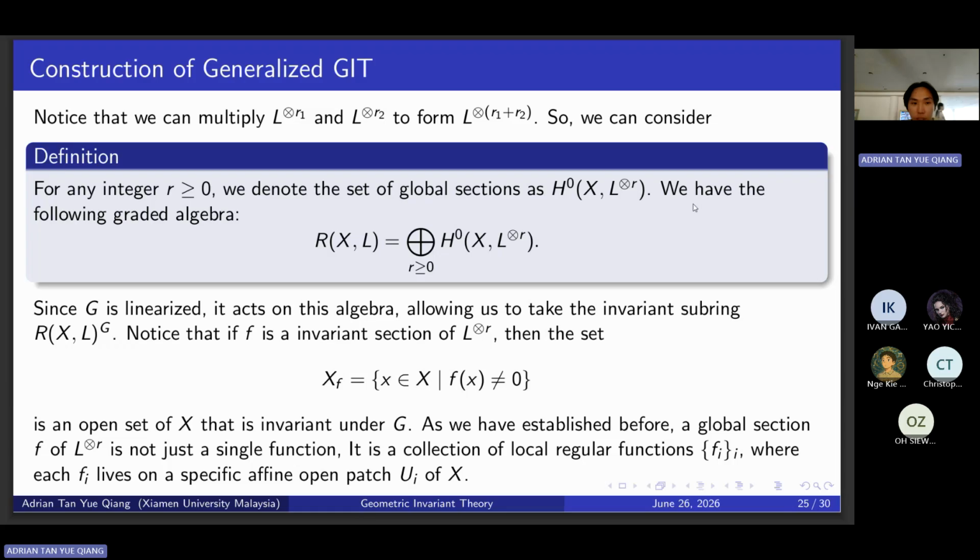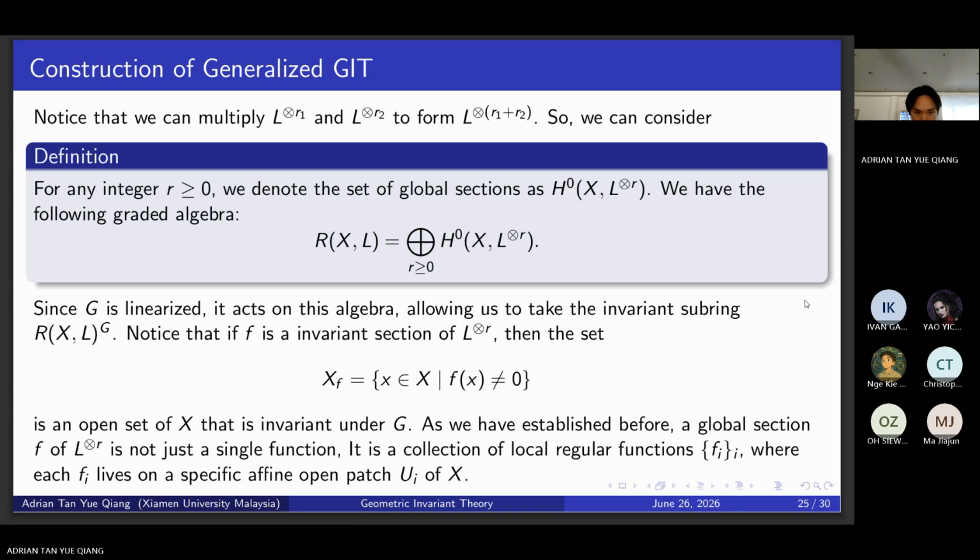Since we linearized our action G on the line bundle, and we force it to be linear on the fiber, this allows us to take the invariant sections, the set of all invariant sections on this line bundle.